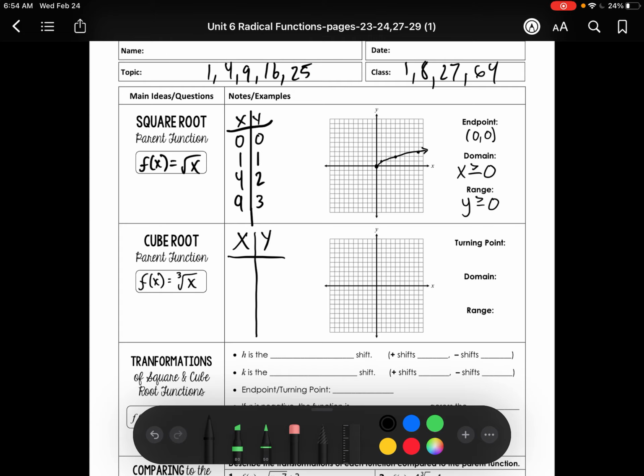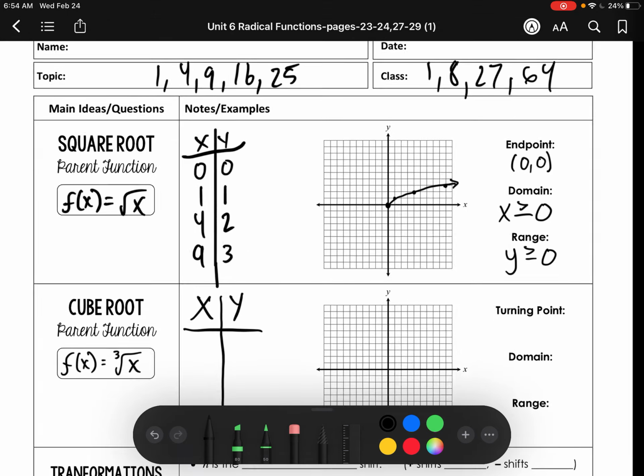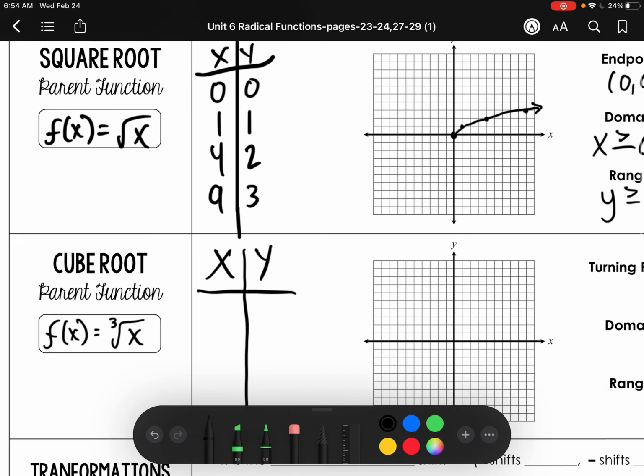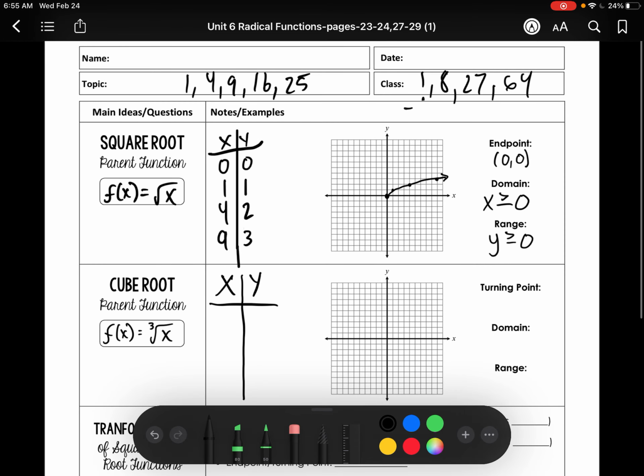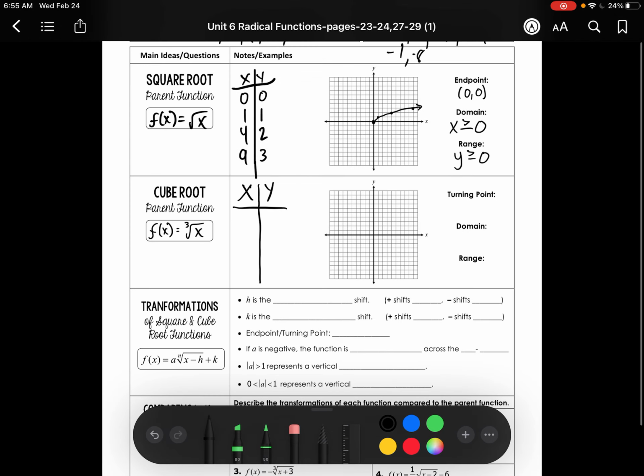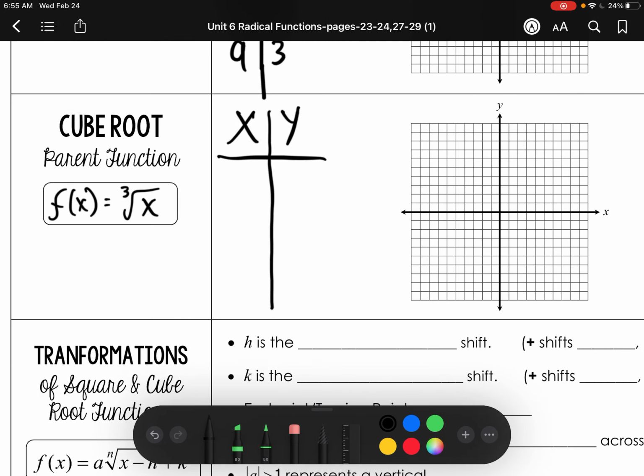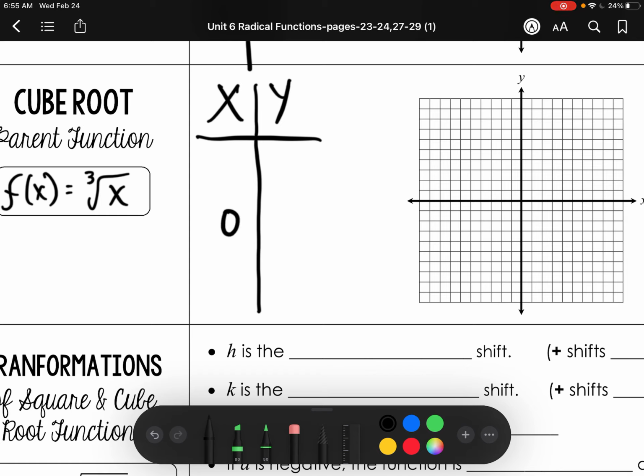We're not even going to be able to graph those, but they can also be negative. You can take the negative cube root of a number. So let's go ahead and get started. We're going to start with 0, because 0 is always the easiest input to start with.